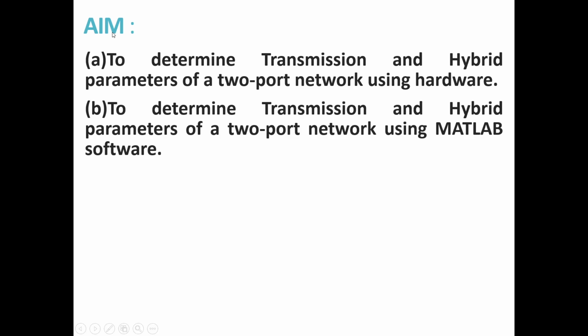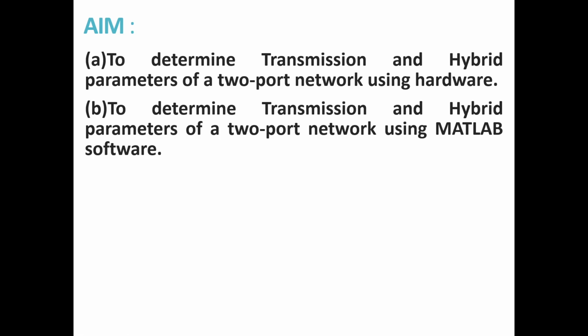So let us see the aim. Here the aim has been divided into two parts, since this manual has been prepared to do the hardware experiment as well as the MATLAB software experiment. To determine transmission and hybrid parameters of a two-port network using hardware is the first part.